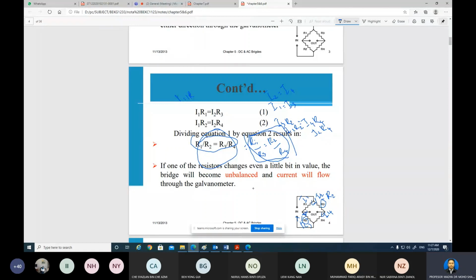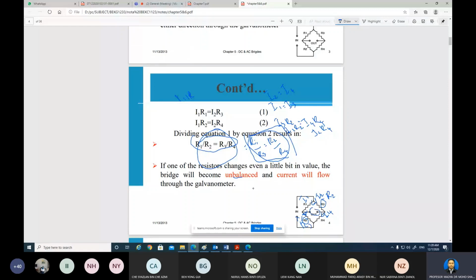Normally some of the books refer to this one as R2 and this as R3. Some of the books refer to this one as R3 and this as R2. So if one of the resistors changes, even a little bit in value, for example R1, the bridge will become unbalanced, and the galvanometer will indicate the current flow.